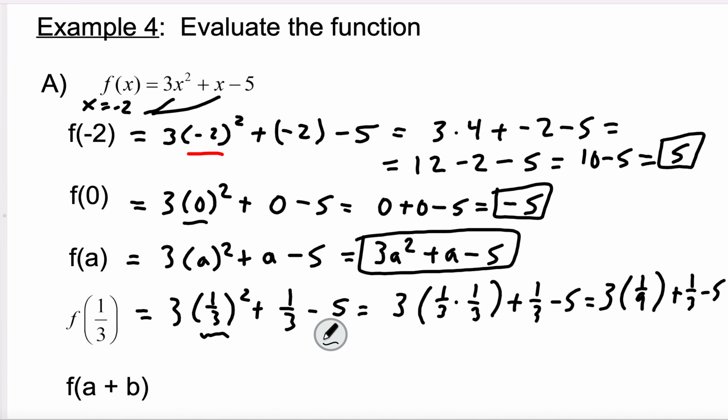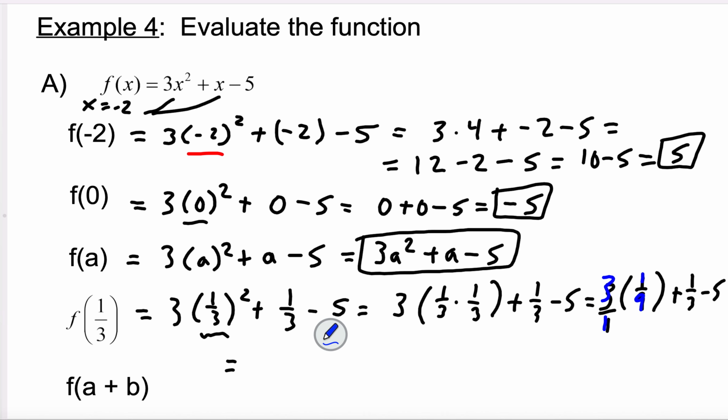And it's probably easier to put a 1 on the bottom there of the 3, so when I multiply my numerators and denominators next, I can get the correct value. So here, I've got 3 over 1 times 1 over 9. I can multiply my numerators and my denominators there.